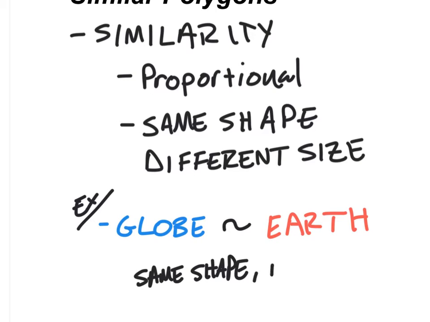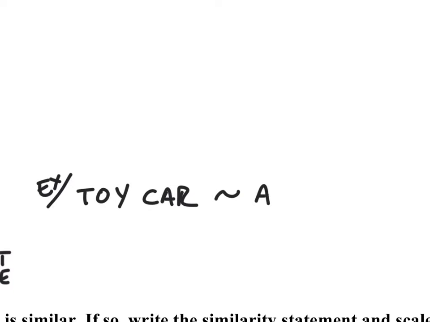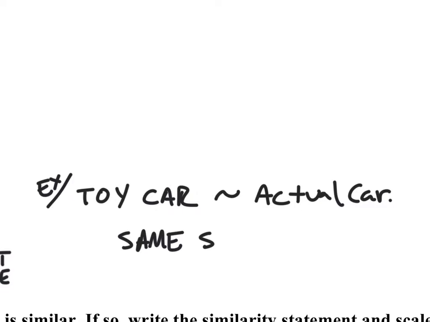Another example would be a toy car, which would be similar to the actual car. Again, it's the same shape, but different size.